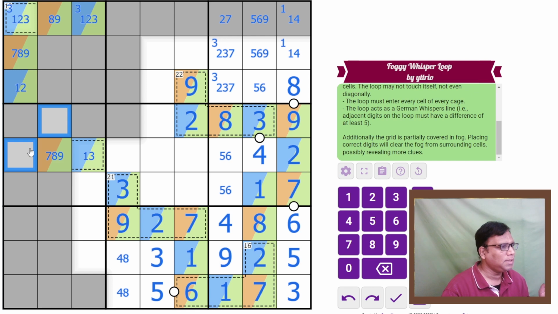So again, whichever this digit is, 1 3. So if it is here, that's 1. But if it's here, then that's 1 3. 1 or 1 3.